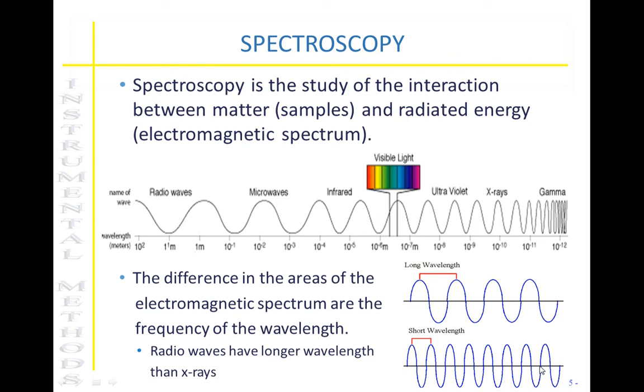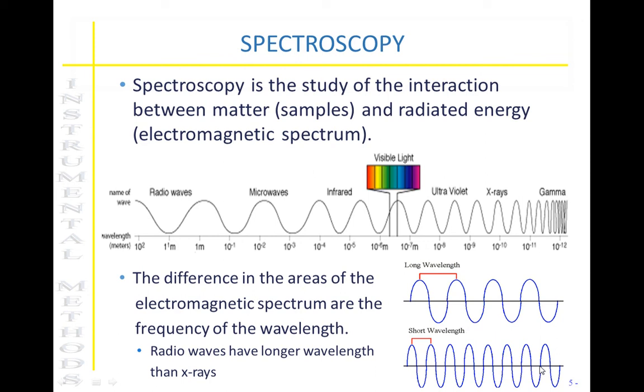Another common instrumental technique that is used in addition to microscopy and the various separation or chromatography techniques is spectroscopy. Spectroscopy is the study of the interaction of matter and radiated energy.